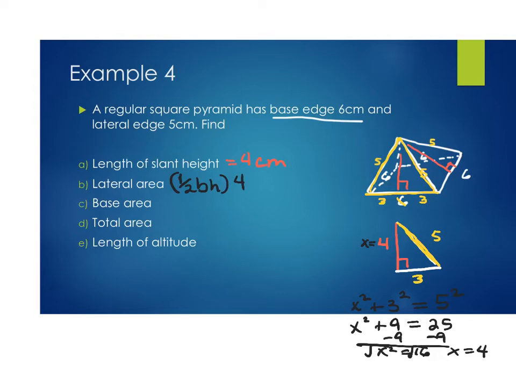So I just found the height of the triangle. So my base is 6. My height is 4. So 1/2 times 6 times 4 times 4, because there's 4 of them, gives me 48.